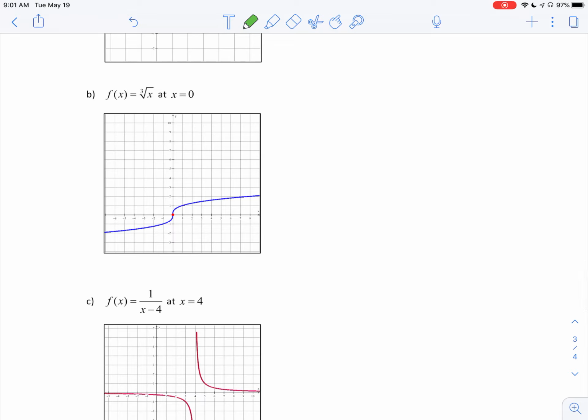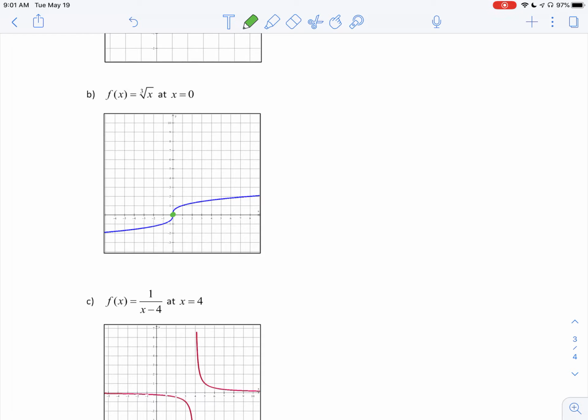Okay, now here's another one. So this time we're looking at the cube root of x at x equals 0. Now again, think about the fact that a derivative function is finding the slope of a tangent line.